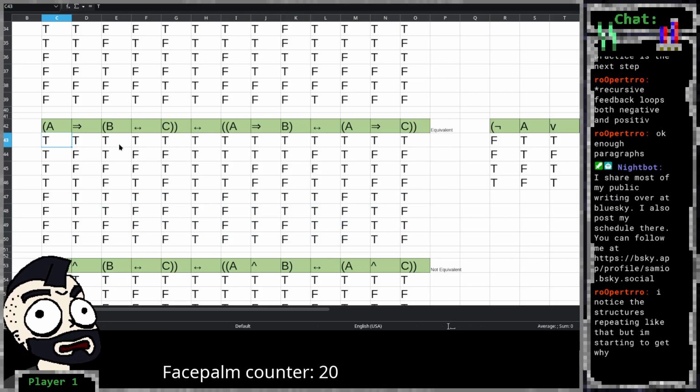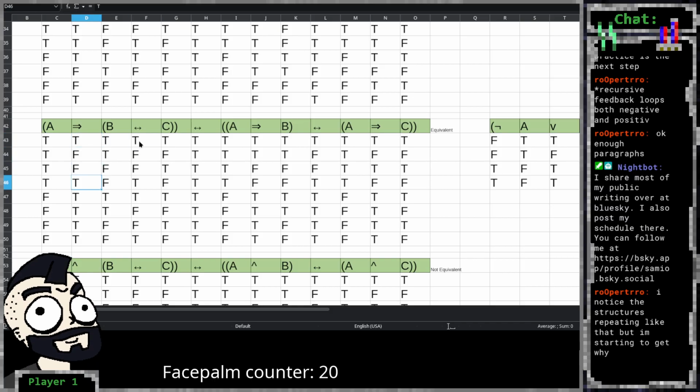So now I have B if and only if C, TFFT, and these 4 rows will only be false when the antecedent is true and the consequent is false. So true implies false, false, true implies false, false. TFFT, TFFT, the same structure.